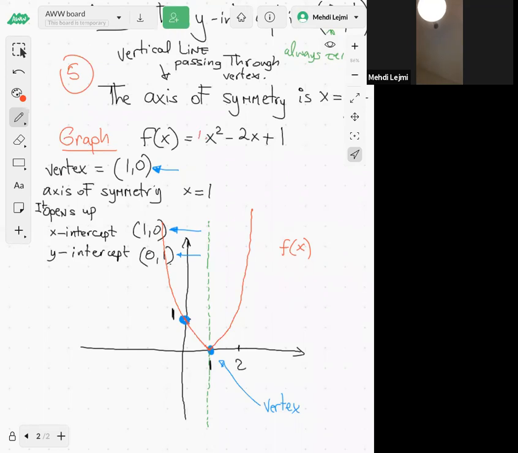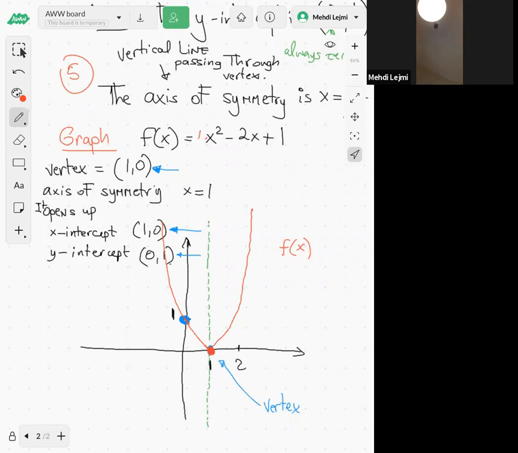So you start from your vertex and go up and draw sort of a capital U, starting from the vertex at this point here. And that will be your graph, okay? Again, it doesn't have to be perfect. Just plot your x-intercept, your y-intercept, your vertex, and that's it.